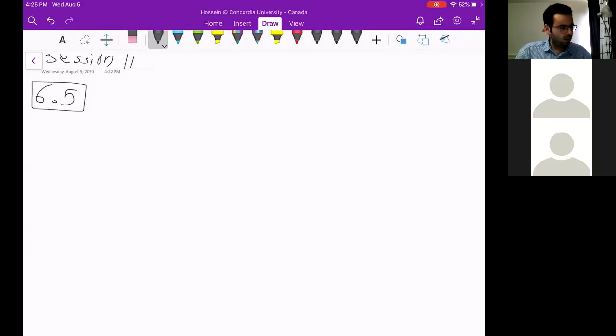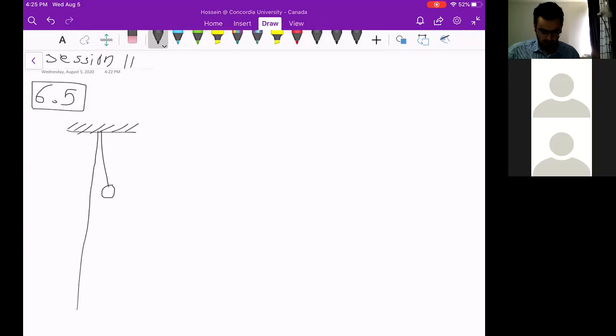So let me start 6.5. There's a system. We already talked about this issue, but I saw in the final one problem from vibration measurement, but I'm not sure whether it was in the summer or not.